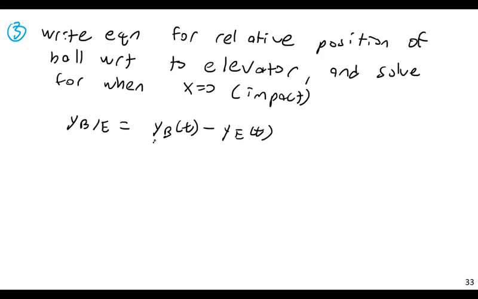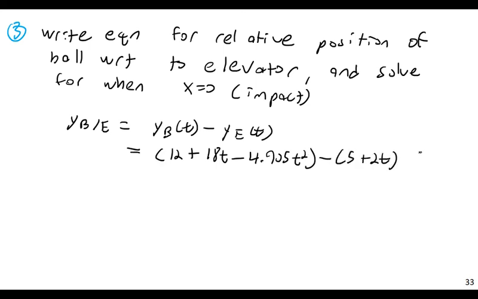And this then will come to 12 plus 18t minus 4.905 t squared minus (5 plus 2t). And this will equal 0.